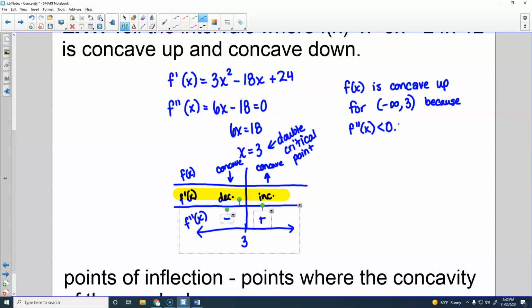So concavity, we generally want to explain that with our second derivative in most cases. And then we would say f of x is concave down.